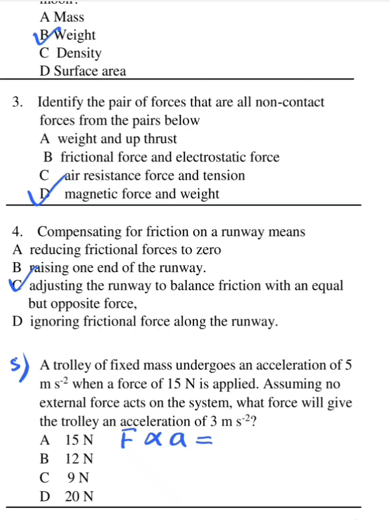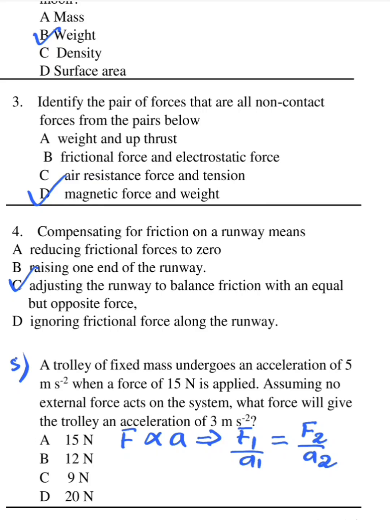To do this calculation, we make a mathematical representation of that relationship: the first force divided by its acceleration will always be equal to the second force divided by its acceleration. That is the mathematical representation of any two quantities that vary directly, that the ratio of the quantities at any one time would always be the same.